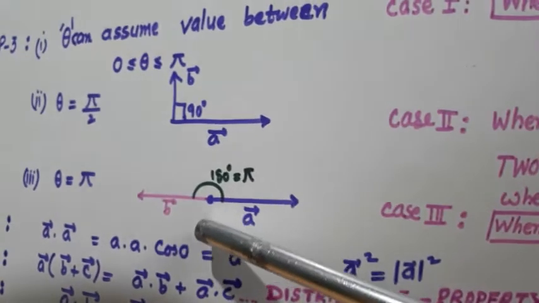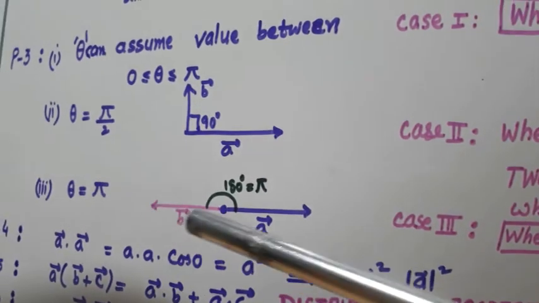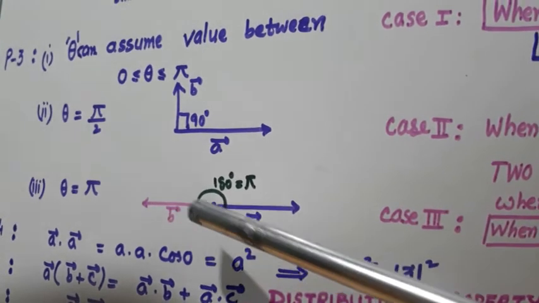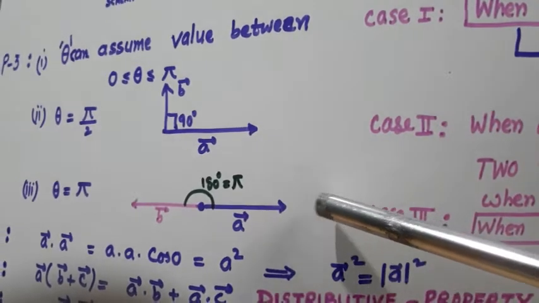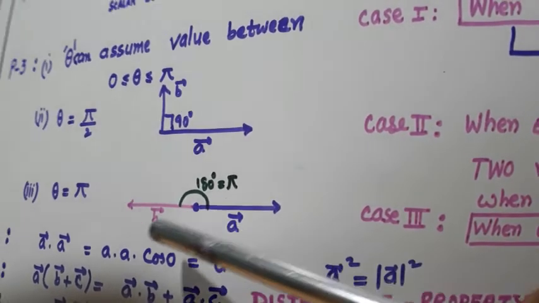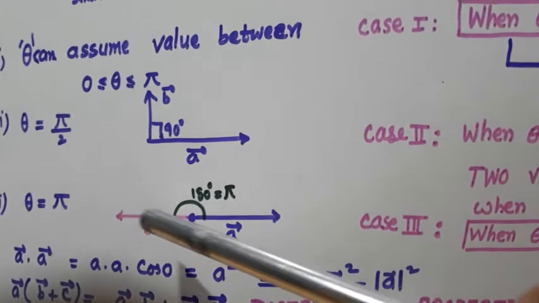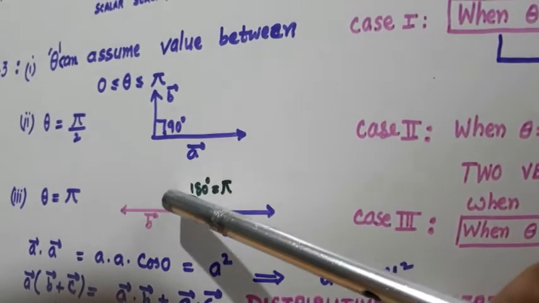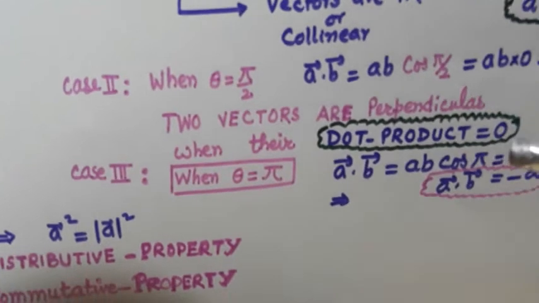Theta can be pi also. अगर थीटा 180 डिग्री है, एक वेक्टर देखिए ब्लू वाला राइट साइड पे है, ऑन द सेम लाइन वेक्टर बी इज ऑन द लेफ्ट हैंड साइड. So angle is 180 degrees.